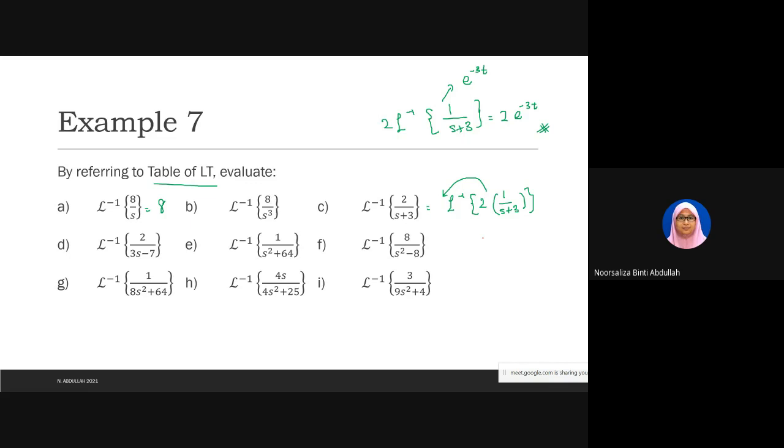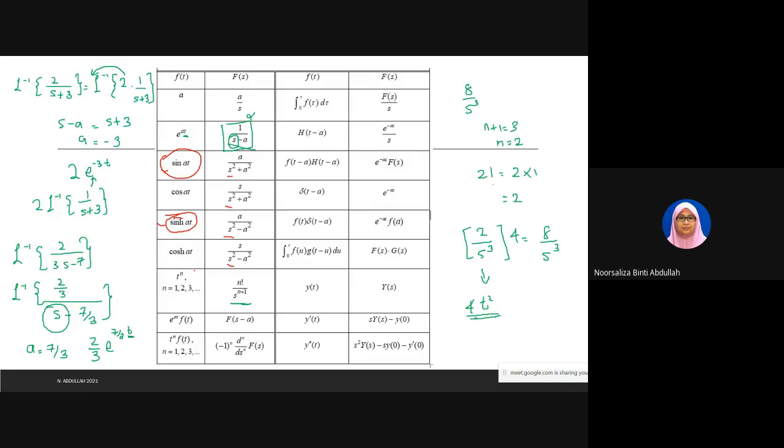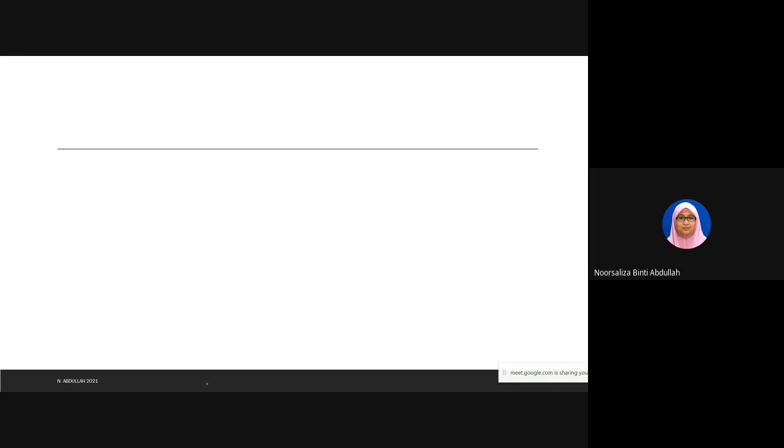Okay, next is you want to find inverse of 1 over 8s square plus 64. 1 over 8 kuasa 2 plus 64.